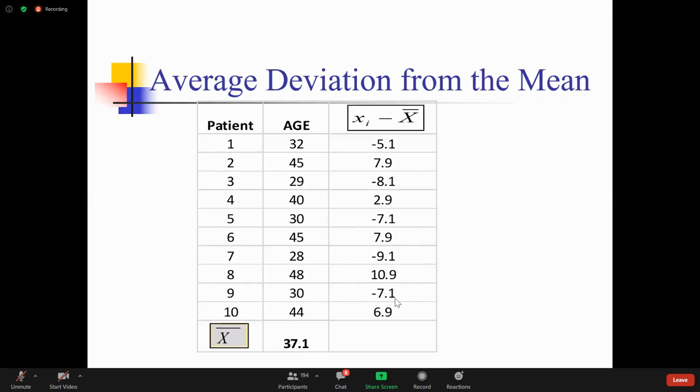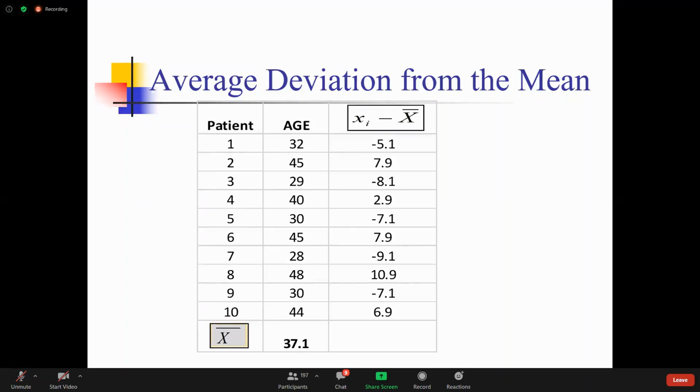How did we calculate this? 44 minus 37.1 is 6.9. Those points are the difference, the distance. We measure it in distance. What's the distance between 32 and 37? It's 5.1. So we calculated this, and that's our measure of variability.